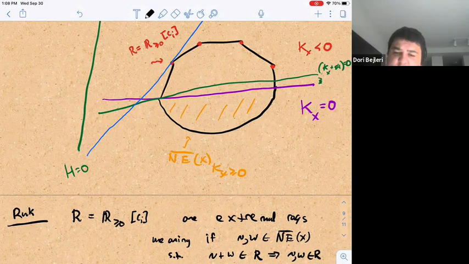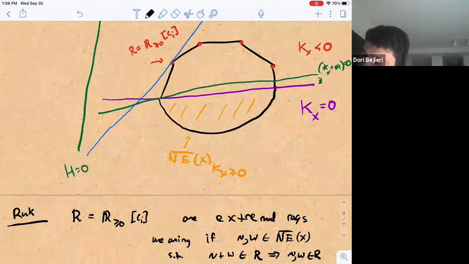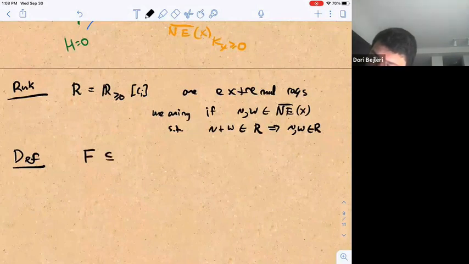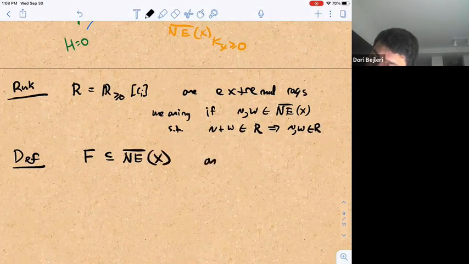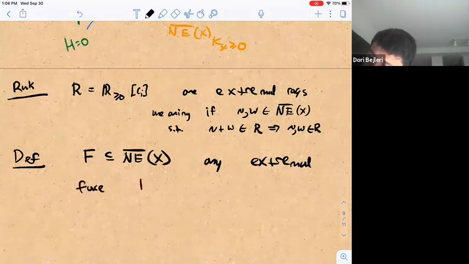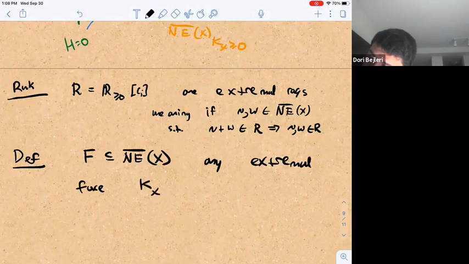Okay, so then the second piece of this theorem is the existence of extremal contractions. So let F be any extremal face on the KX negative side.